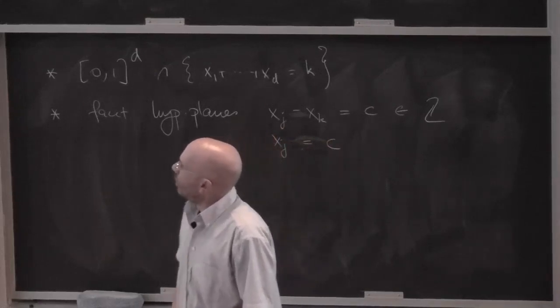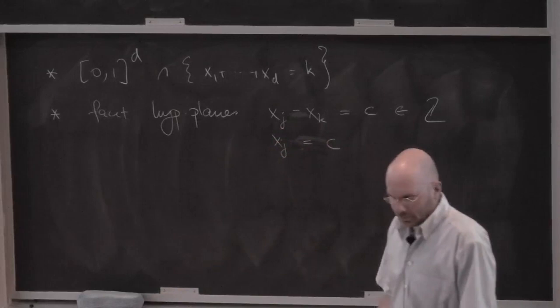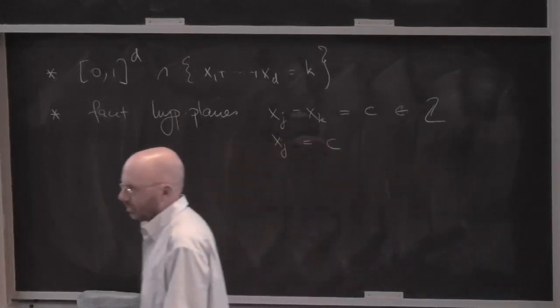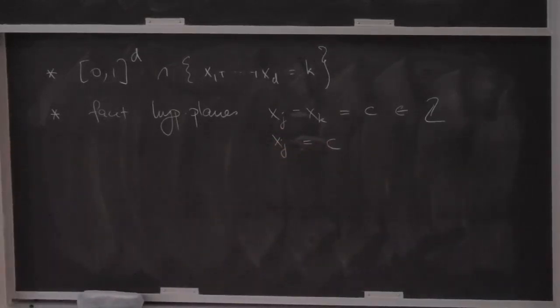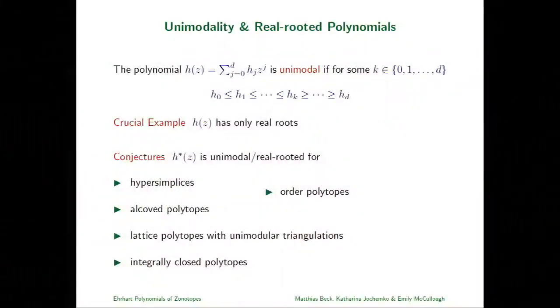Okay. What's an order polytope? An order polytope is a polytope that comes from a partially ordered set. What you do is you take a favorite finite partially ordered set, and you again go into the unit cube and add inequalities that correspond to your poset.